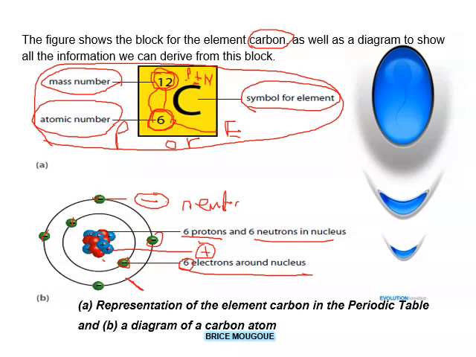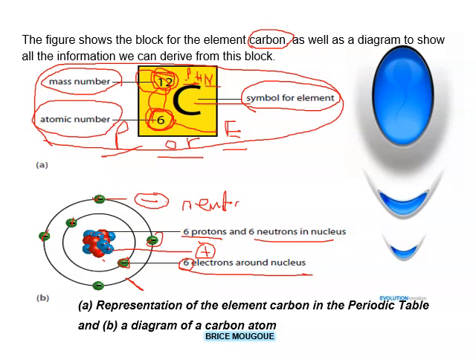This is an example of how a block of an atom representing the element will look like in a periodic table. Again, we have the symbol to show the element. We have the atomic number, which will give us the number of protons or the number of electrons, and we have the mass number, which will give us the number of protons plus the number of neutrons.